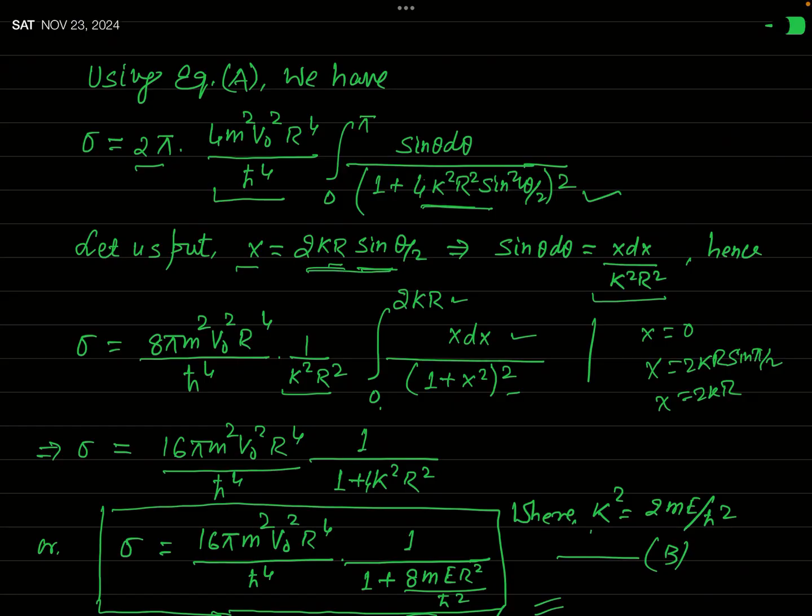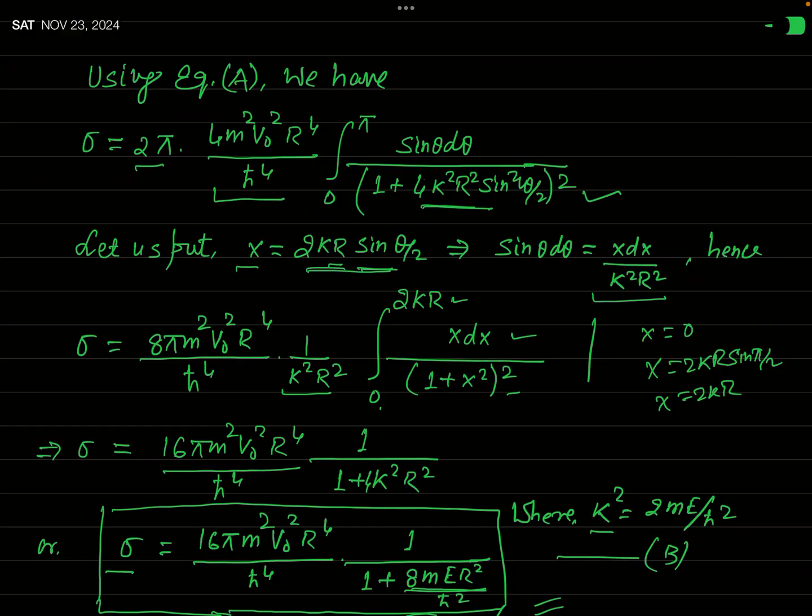But you know k square is 2mE over h bar square. You have used this result several times while studying the Schrodinger wave equation. When we replace k square by 2mE over h bar square, where E is the energy of the incident particles, the total scattering cross section sigma is given as 16 pi m square v naught square r to the power 4 divided by h bar to the power 4 times 1 over 1 plus 8 m E r square divided by h bar square.